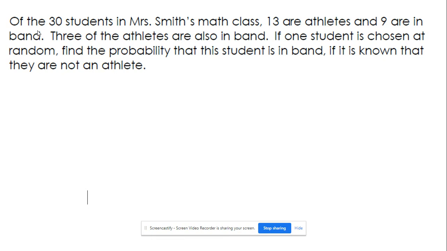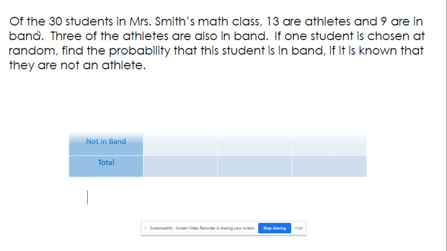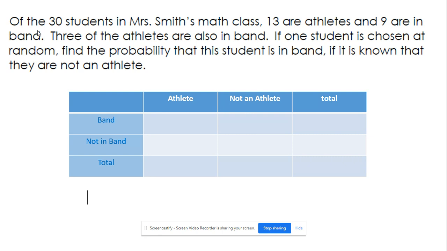So our table needs to compare those that are athletes versus those that are not athletes, along with those that are in band and those that are not in band. So essentially, here's what it should look like. We want to fill in the parts that we know. We know that there's a total of 30 students, so that would go in our total column and row.